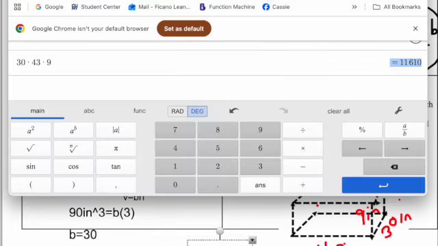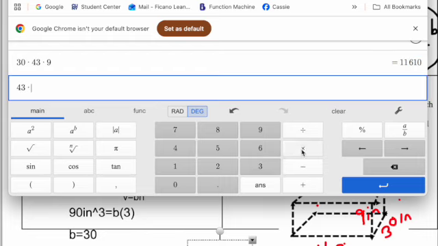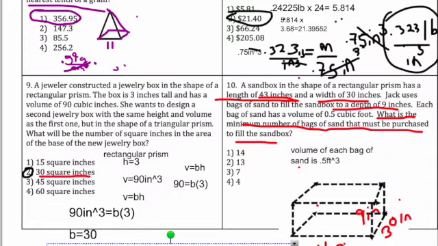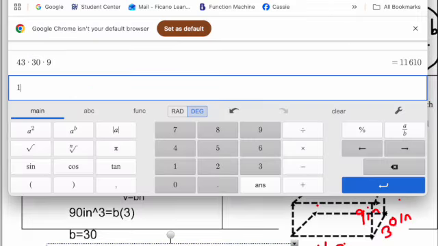Alright, so I'm going to use Desmos here. 43 times 30 times 9, and that equals 11,610, I believe.